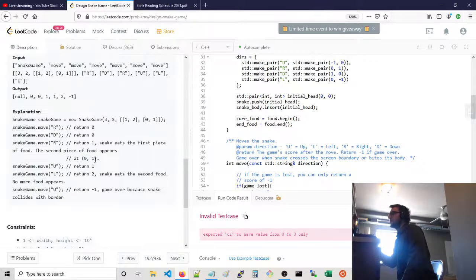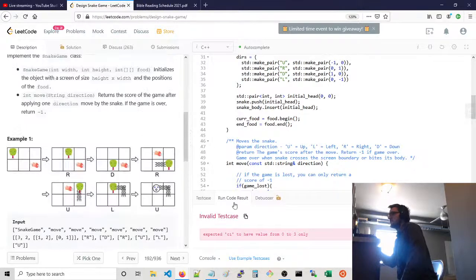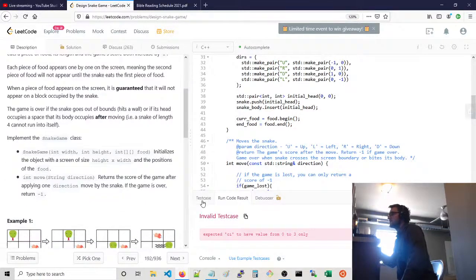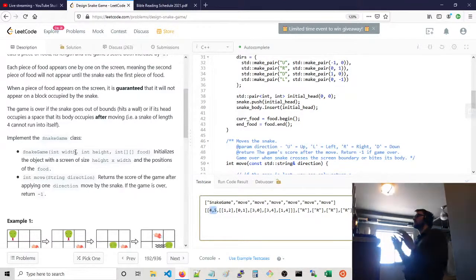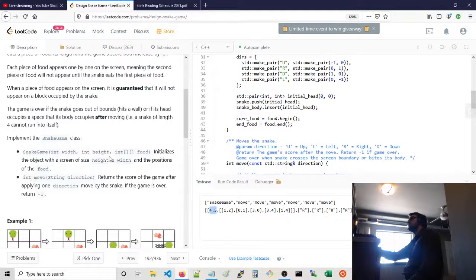The width. Oh, the height is the rows and the columns. The width is the number of columns. The height is the number of rows. That's super confusing. So, yeah. This is row column form and this is column row form.